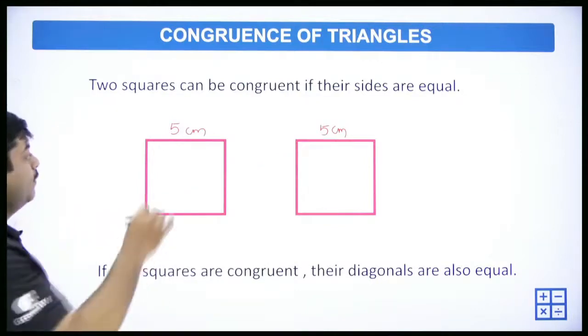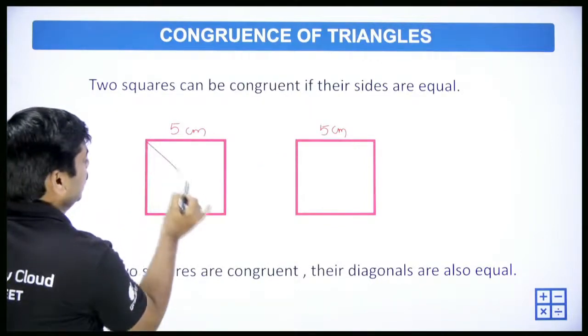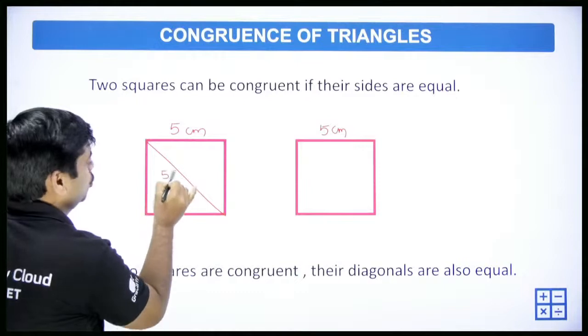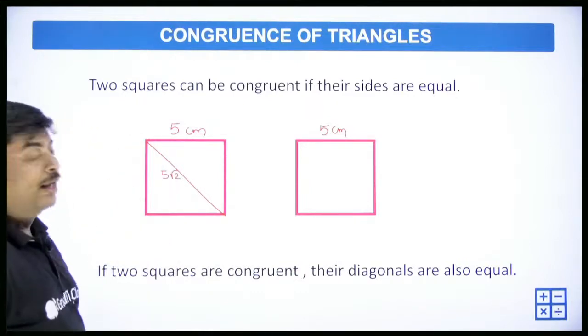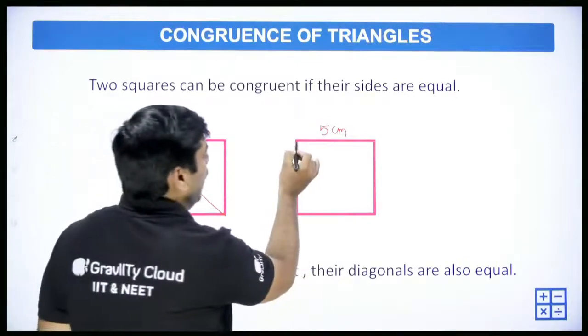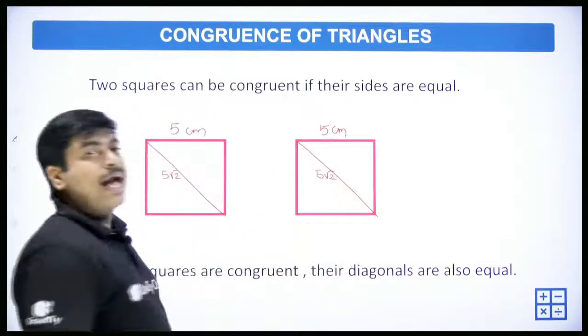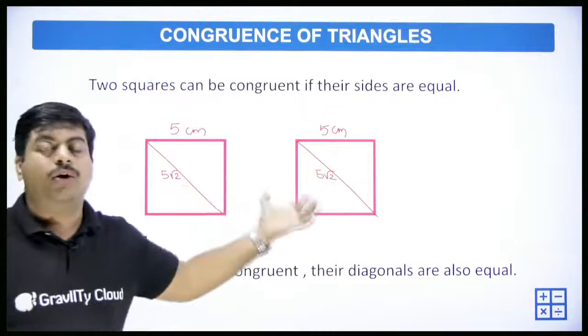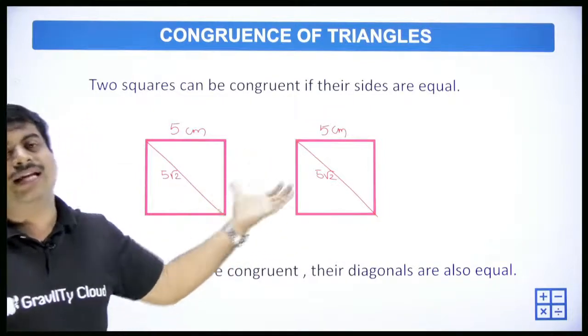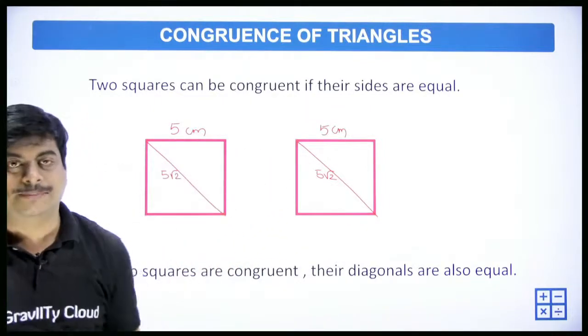So whatever the diagonal length will be, generally it will be of length 5 root 2 centimeters. Even the diagonal of the other square will also be equal to 5 root 2 centimeters. Again, diagonals will also be of equal length in congruent figures.